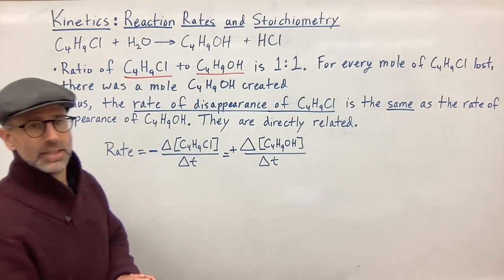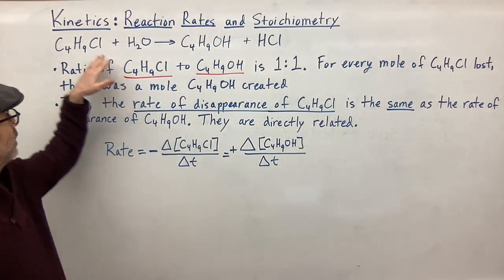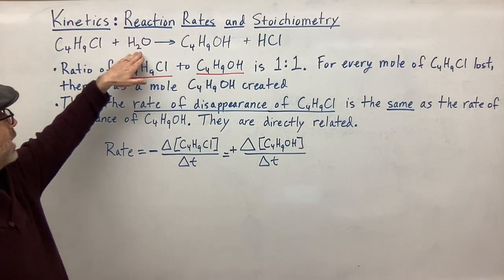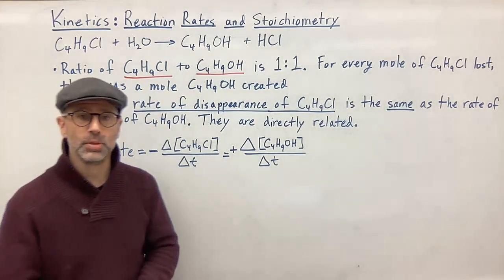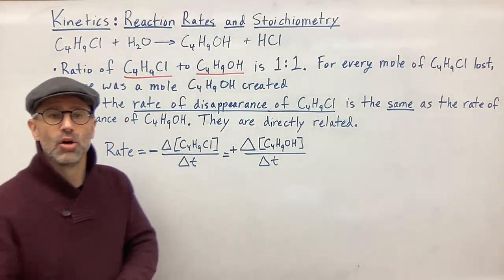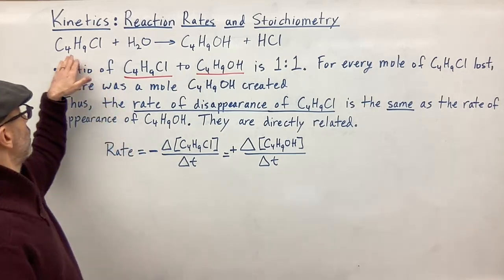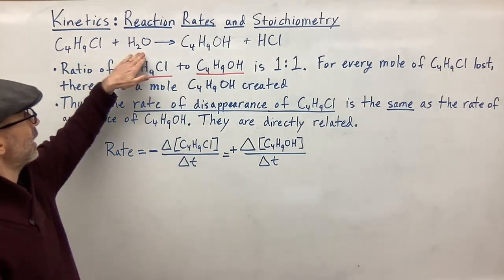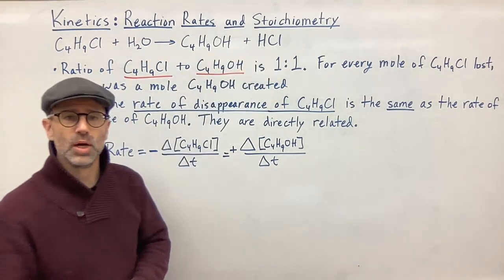So here I have an example of a balanced equation. I have C4H9Cl reacting with water and producing C4H9OH plus HCl. So all of this is a one-to-one ratio. You'll see that this substance and water and this substance and HCl are all one to one to one.